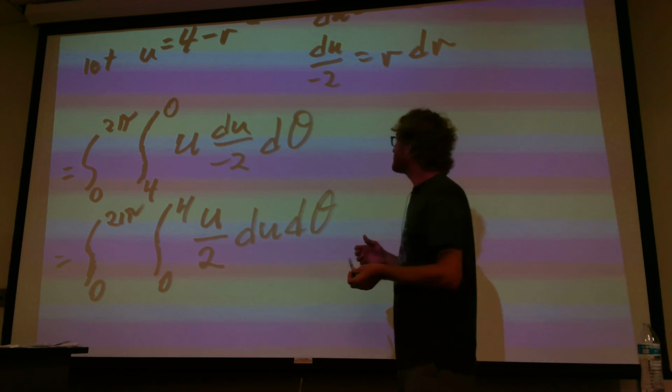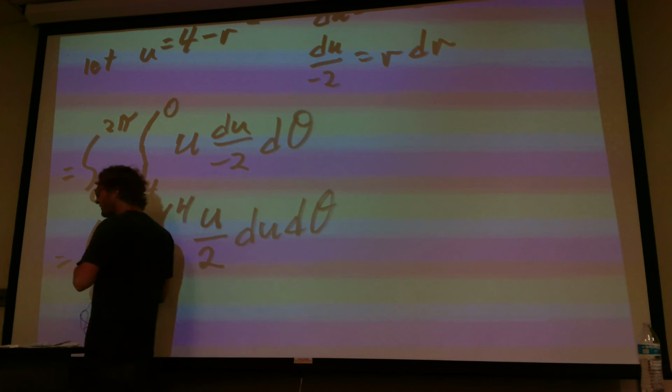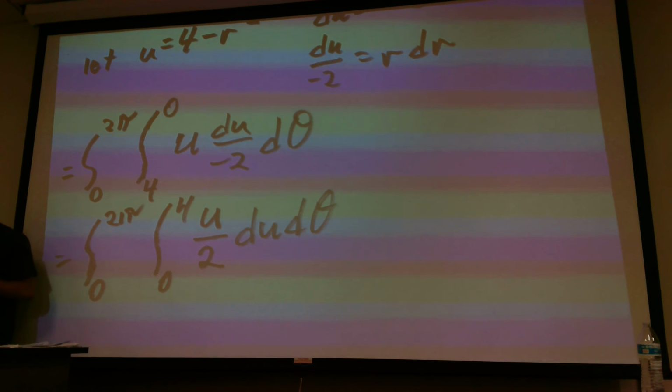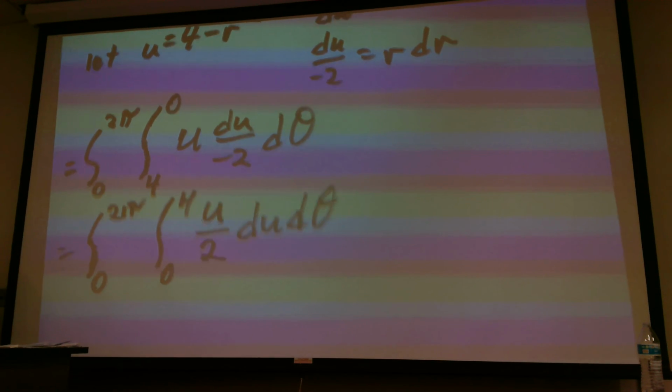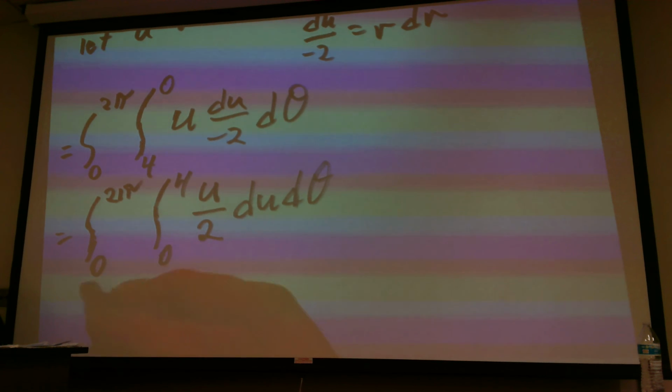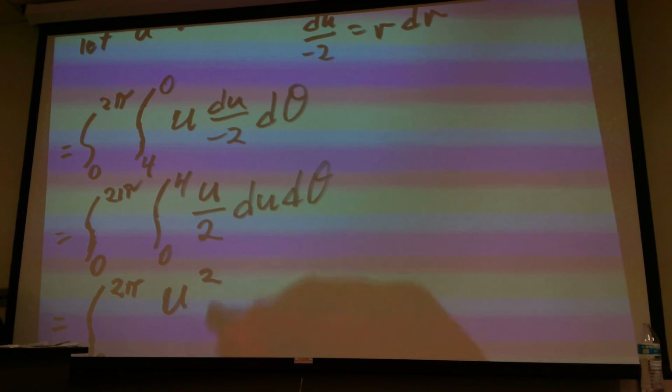So I can integrate that u, which is going to become u squared divided by 2. So that becomes, let's leave these alone, 0 to 2 pi, u squared divided by 4, evaluated at 0 and 4, and we still have that d theta.